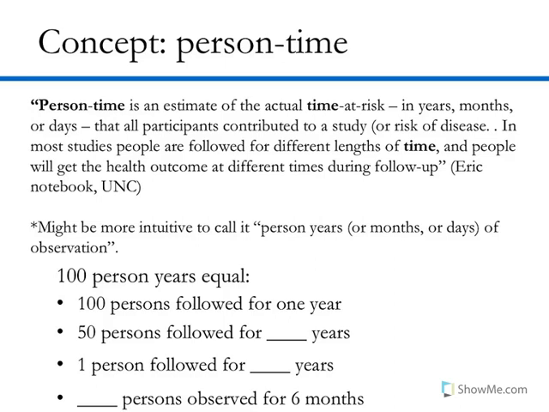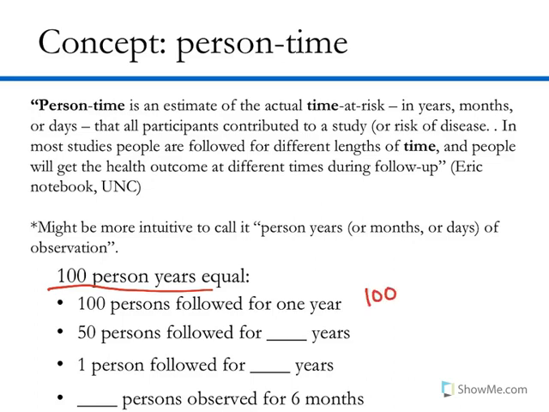So to illustrate a simple example of what person time is, say we want to determine 100 person years. So what is 100 person years equal to? 100 person years could mean that we followed 100 persons for 1 year.